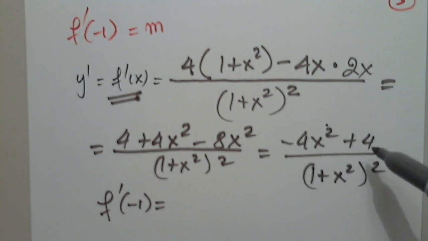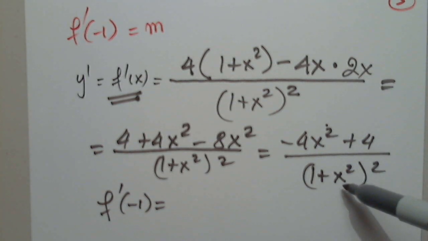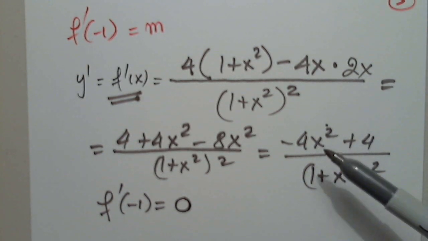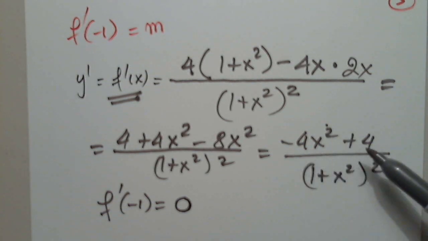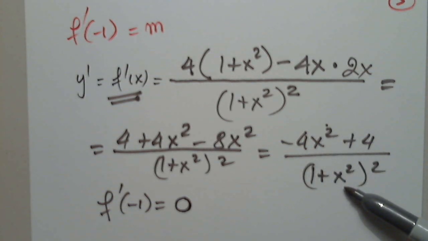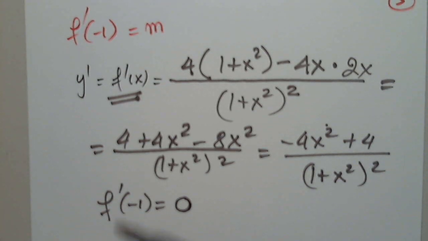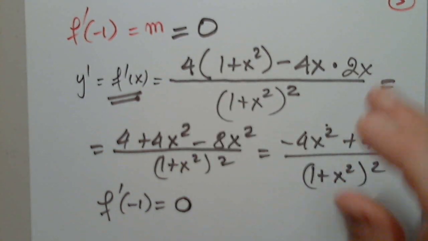So -4 plus 4 will be 0 in the numerator and 2 in the denominator. 2 squared. So this is 0. So the slope is 0 in this case.